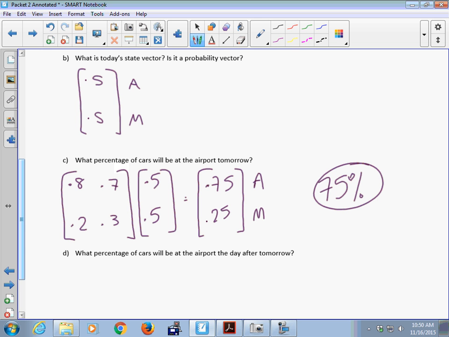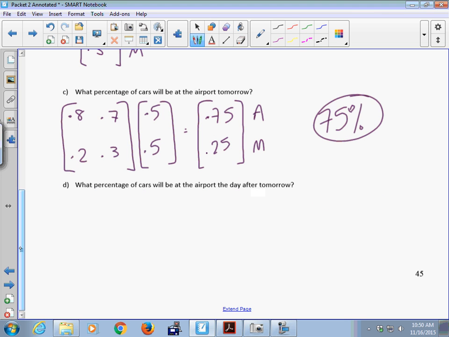All right, so what percentage of cars will be at the airport the day after tomorrow? You take the result of that and you multiply your state vector by the stochastic matrix again. So there's our stochastic matrix.